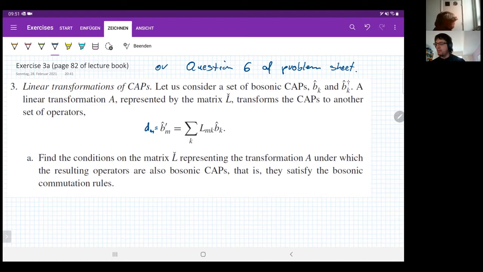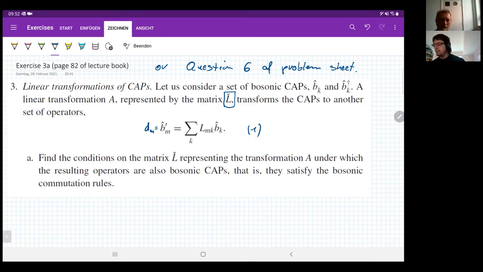And what we do there is we try to find out what are the restrictions on a matrix L, which transforms our creation and annihilation operators as given in equation 1 here.